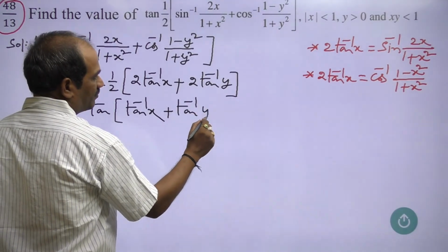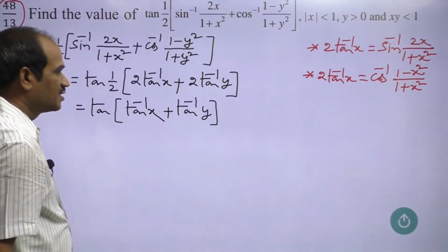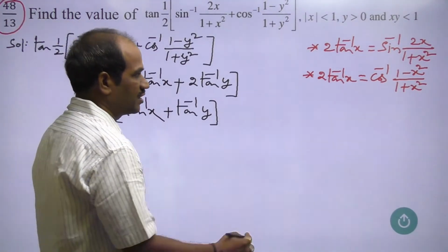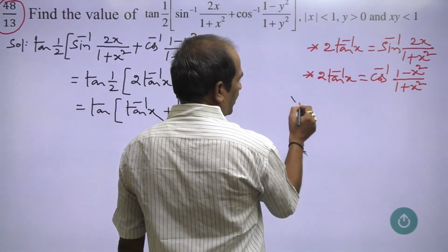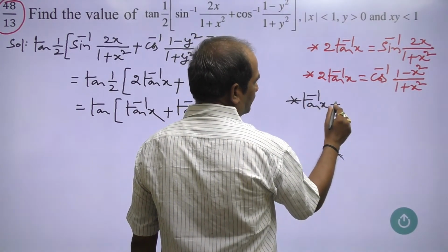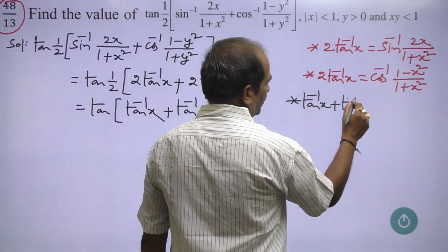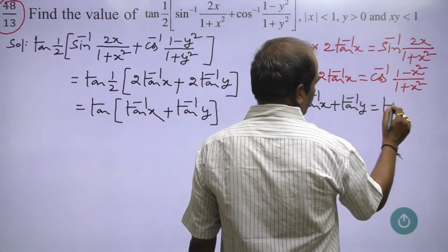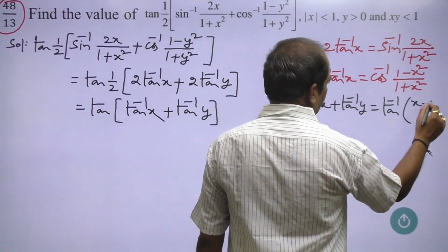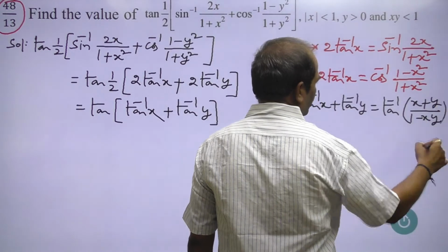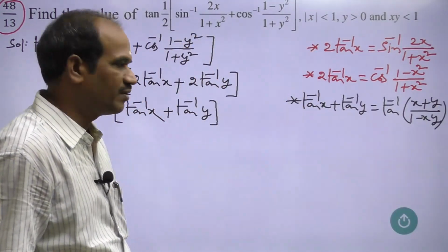Next apply the formula for tan inverse x plus tan inverse y, which is equal to tan inverse of x plus y by 1 minus xy. Apply that formula.